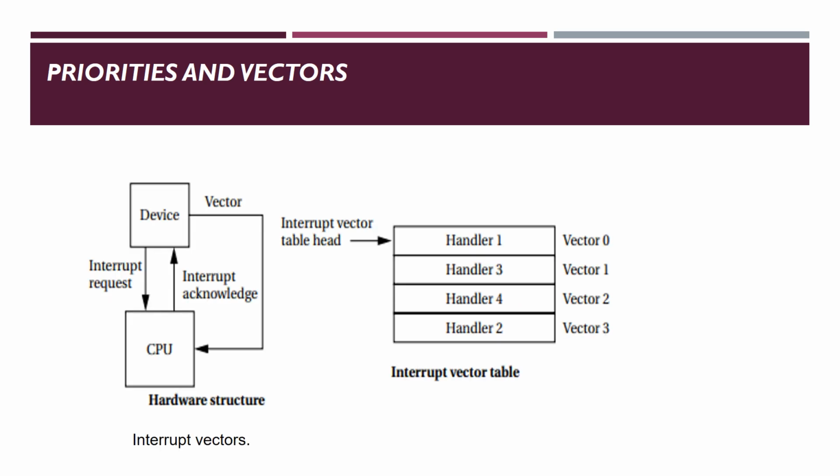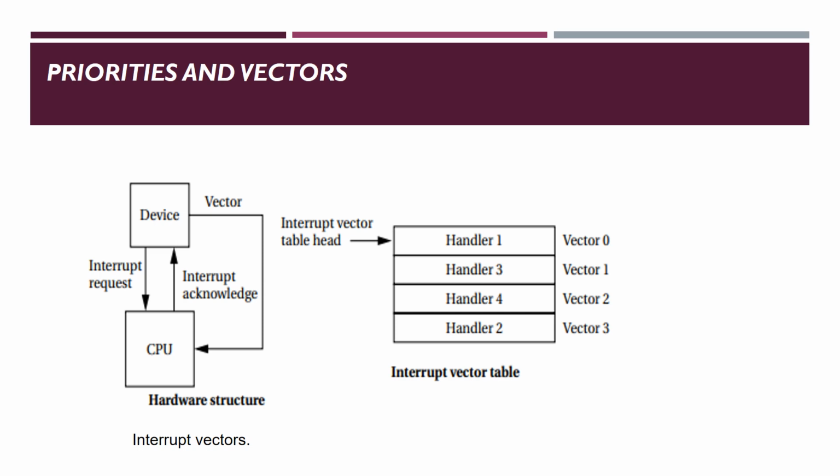These are some of the interrupt vectors. Here there is the CPU and an external device. The external device is requesting for the interrupt, and whenever the device gets acknowledged, the same device will send the vector to the CPU. Based on the vector, the CPU recognizes the vector number. From this vector number, it can search the interrupt vector table to find which handler it has to execute.